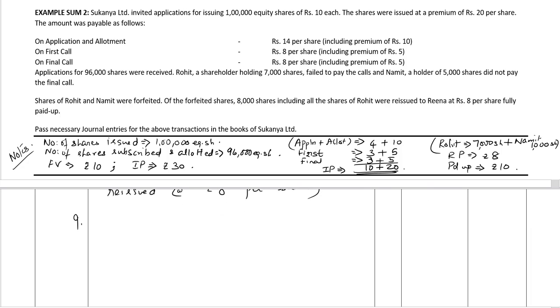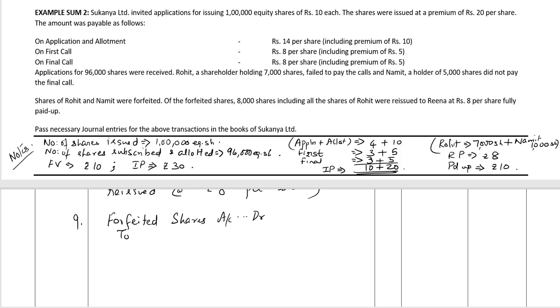The ninth entry is the final entry, forfeited shares account debit to capital reserve account.